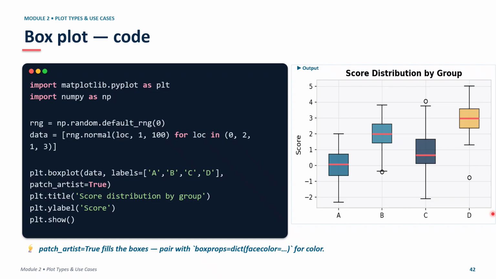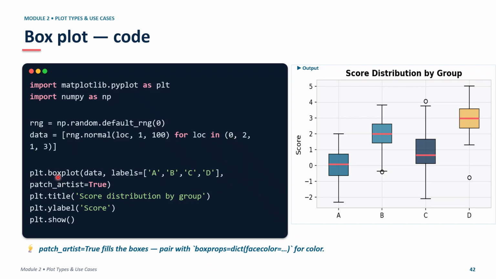One group has a mean of 0, another 2, another 1, and another 3, but they have the same spread, with standard deviation 1, right? You're just changing the mean here. So for the loc, for the mean, you have given 0, 2, 1, and 3. So it has 4 different groups, right?